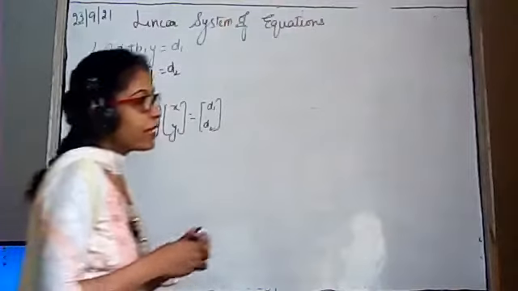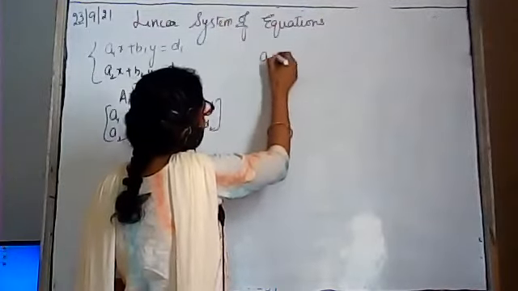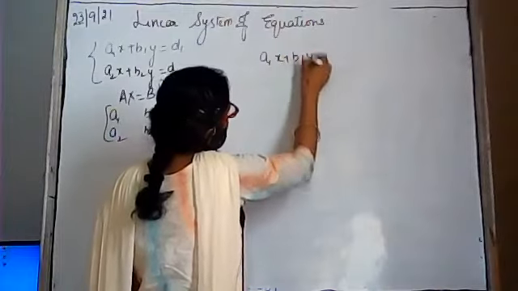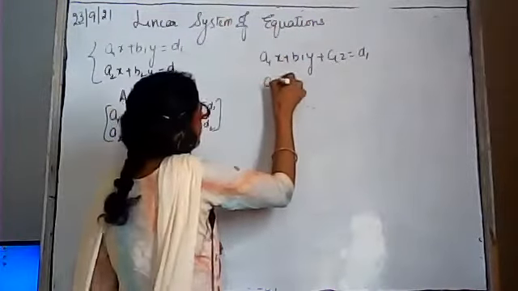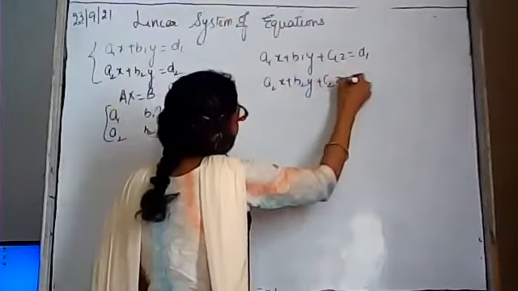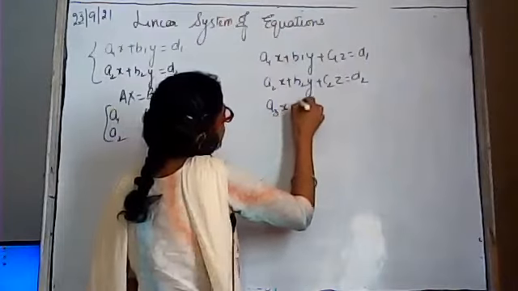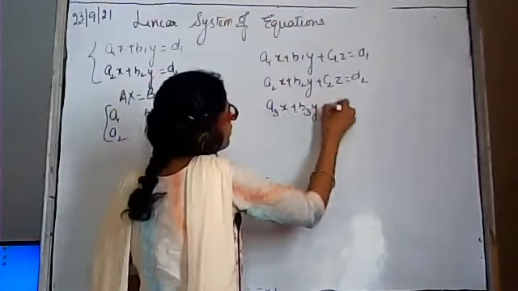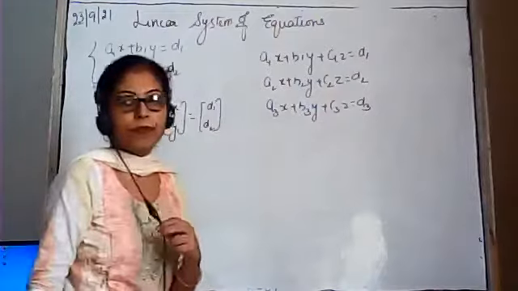In the Gauss elimination method, let us suppose we have the equations a1x plus b1y plus c1z equals d1, similarly a2x plus b2y plus c2z equals d2, and the third equation a3x plus b3y plus c3z equals d3.